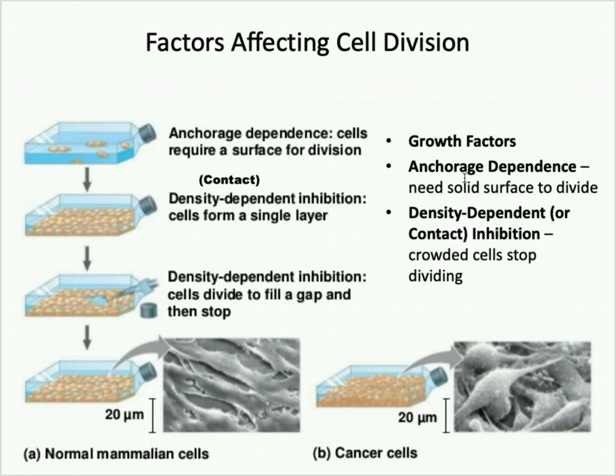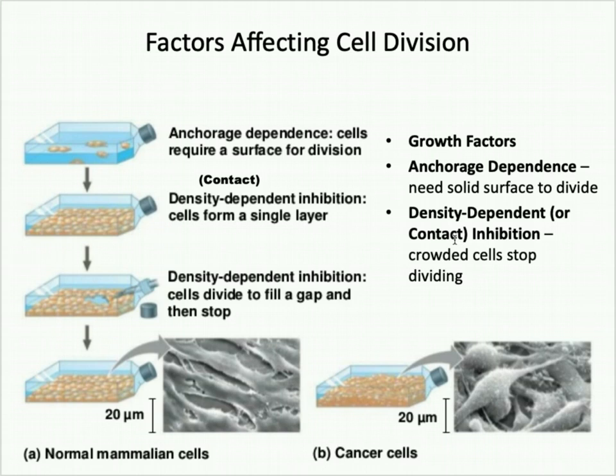But in the body, it can be the extracellular matrix that the cells will attach to and then divide. That way we can form tissues. Or sometimes cells will divide on each other like a uniform single layer, and then you'll have multiple layers of cells.